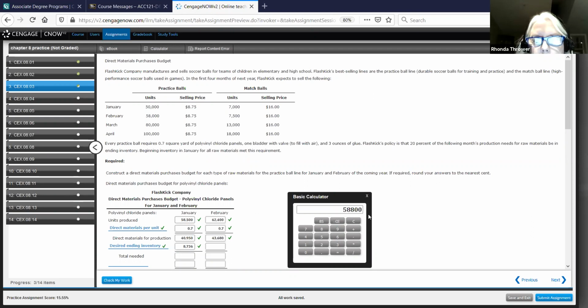Then you have to multiply this direct materials needed for production by 20% to get February's ending inventory.